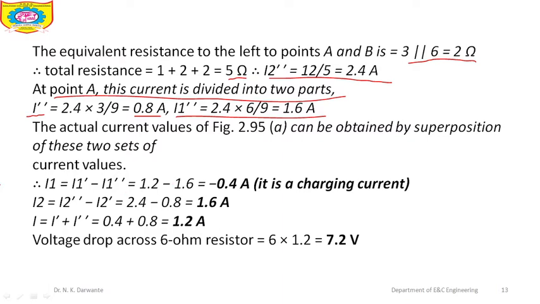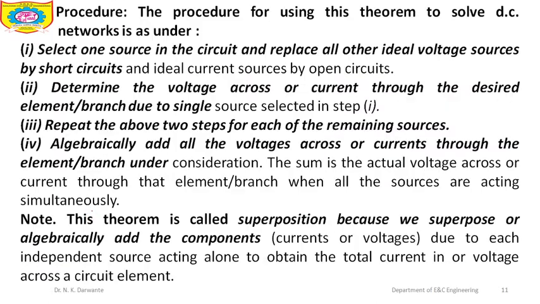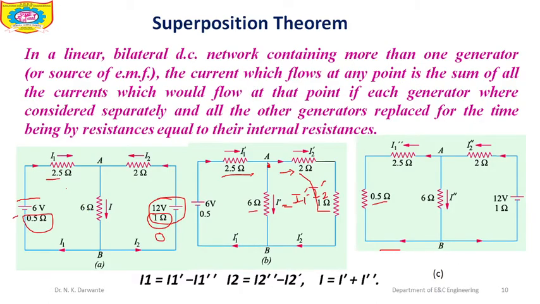Therefore, as per the superposition theorem, consider I1, the current flowing through this branch. What will be the value of this current? I1 dash plus I1 double dash. But as the I1 double dash direction is reverse, we have to use the negative sign.